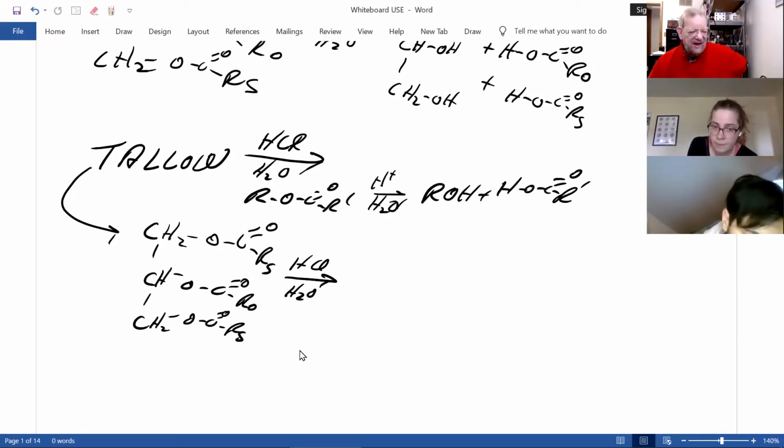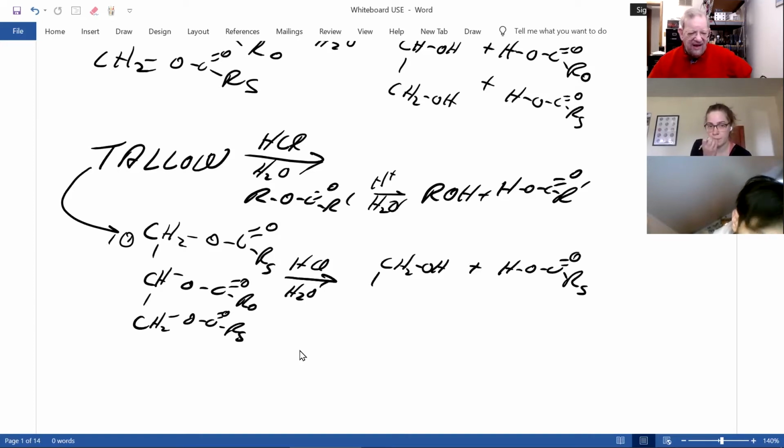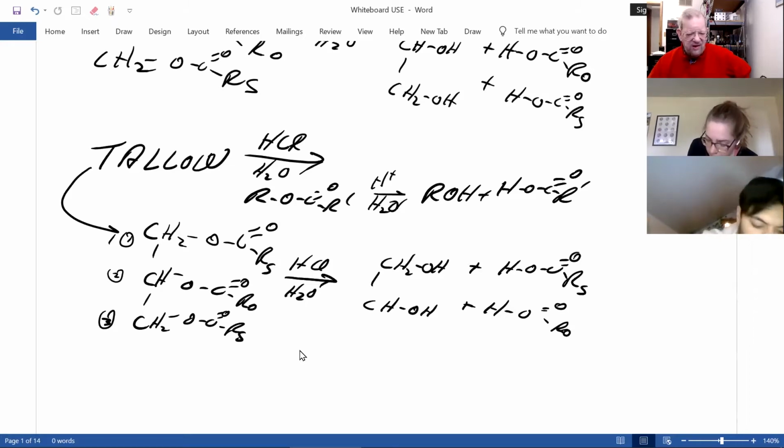In this case, ester number 1 will give me this alcohol plus stearic acid, which I'm abbreviating, and you can too on a test like that. Ester number 2 will give me this alcohol plus oleic acid. And ester number 3 will give me this alcohol plus stearic acid.